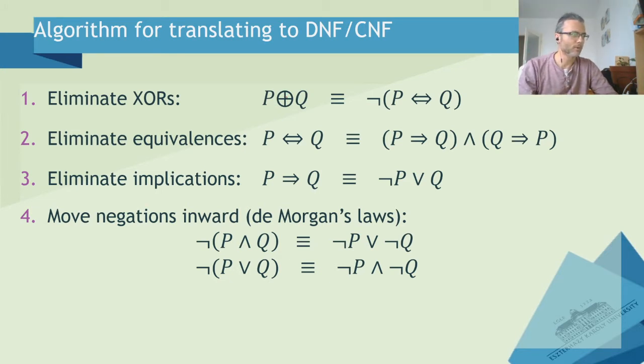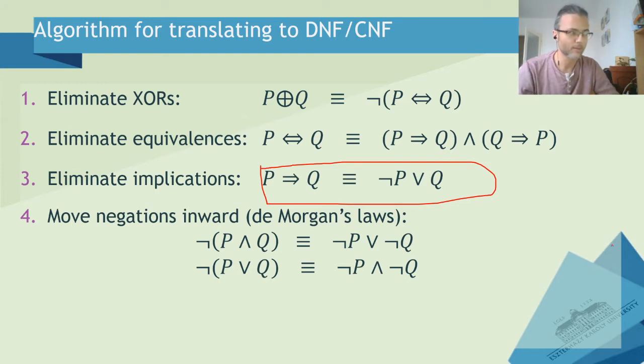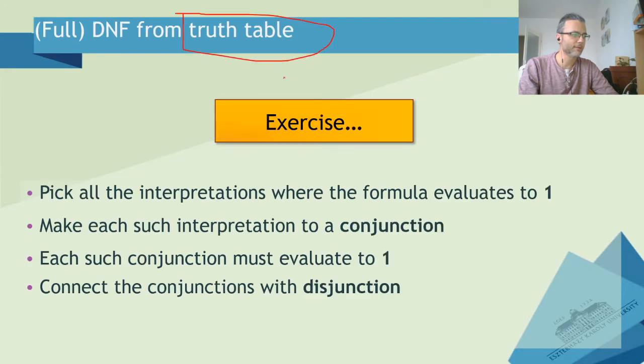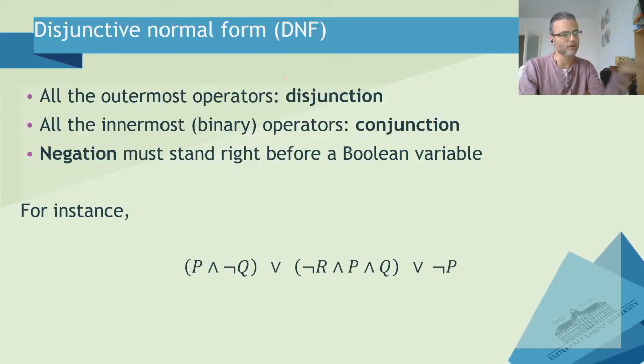For example, how can we eliminate XORs, equivalencies, implications? This is really important. By the way, you have to eliminate all the three of those operators from your formula, because in the CNF and DNF you can only use conjunctions, disjunctions, and negations, nothing else.